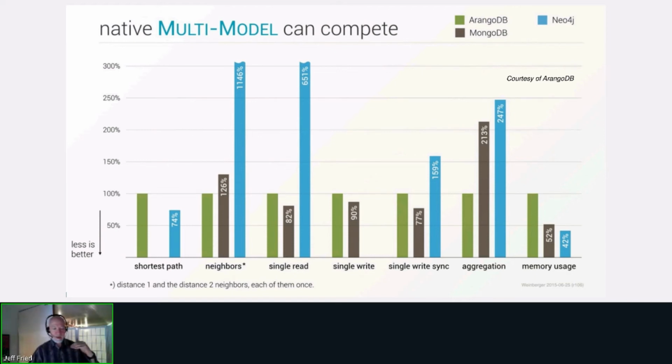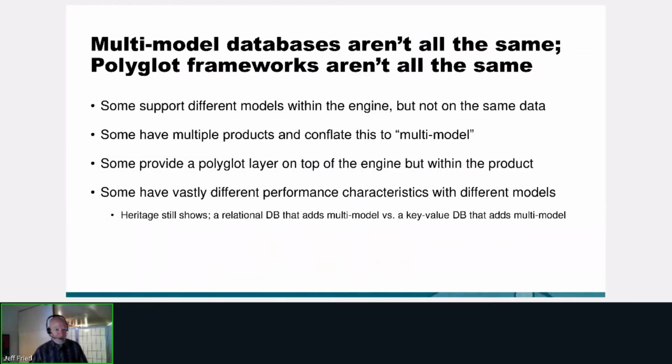And there's another interesting factor, which is that if you have multiple data stores, they each cache data. But if you have a single multi-model database, that cache is shared across all models, if you will. So you have a higher locality of reference. And the net result is that performance is as fast, if not faster.